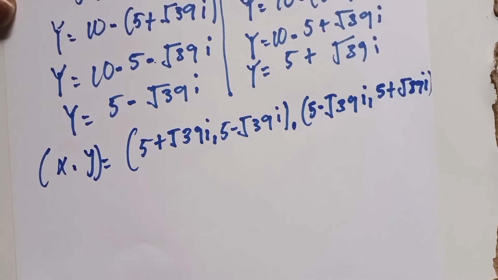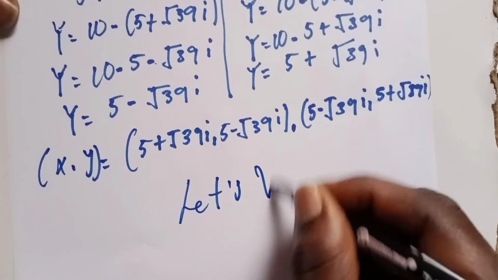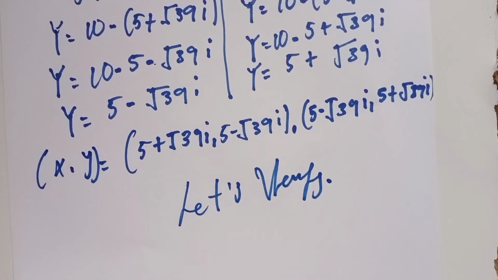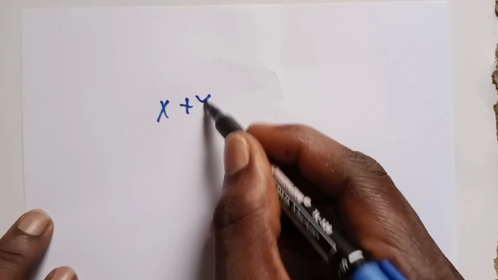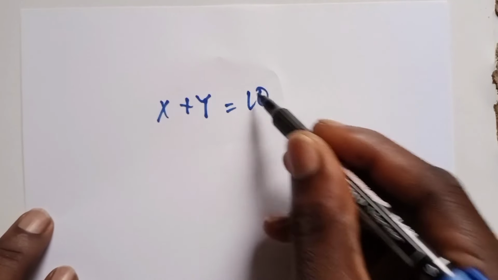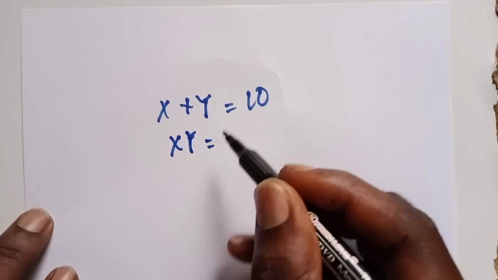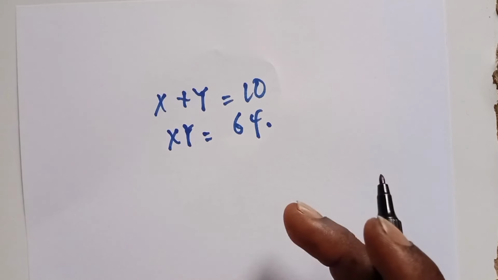Now let's verify if our solution is correct. Our equations say that x plus y is equal to 10, and xy is equal to 64. And our values for x and y are these. So let's take one now.